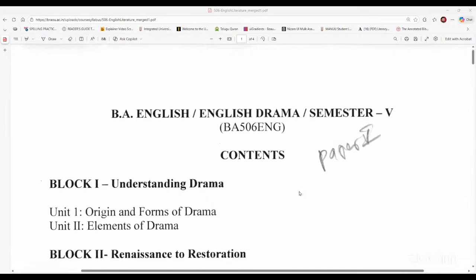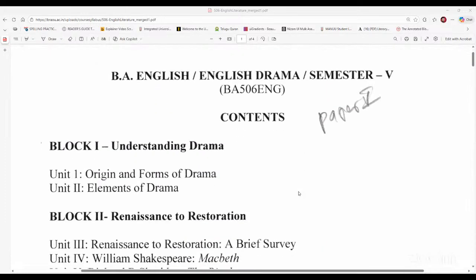Let me quickly go back to this table of contents in your self-learning material, which the university provided you upon taking admission into 5th semester. And this course, that is English drama, has 5 blocks spread across 15 different units, starting from origin and forms of drama and elements of drama to Indian drama in translation.